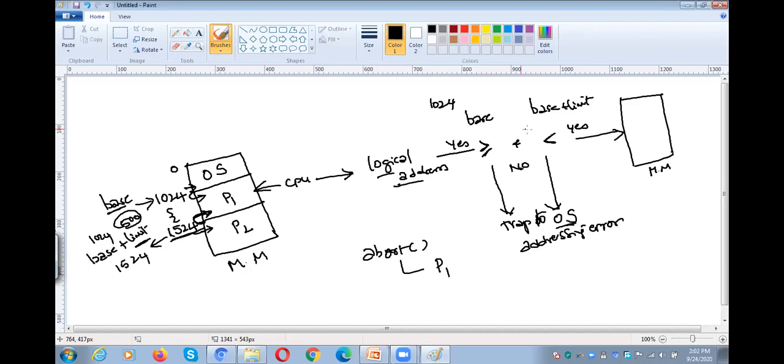Whenever the trap signal is sent to the operating system, it immediately considers it an addressing error, so it sends a signal to the process: abort. Abort means abnormal termination.